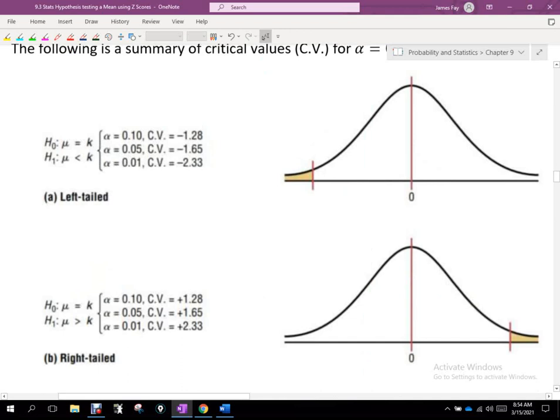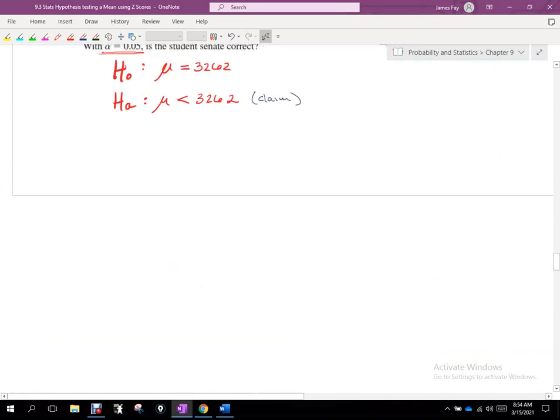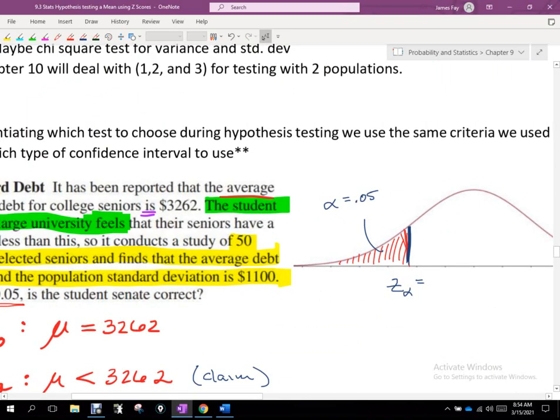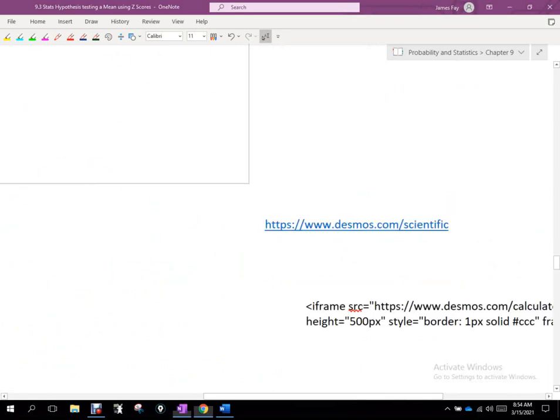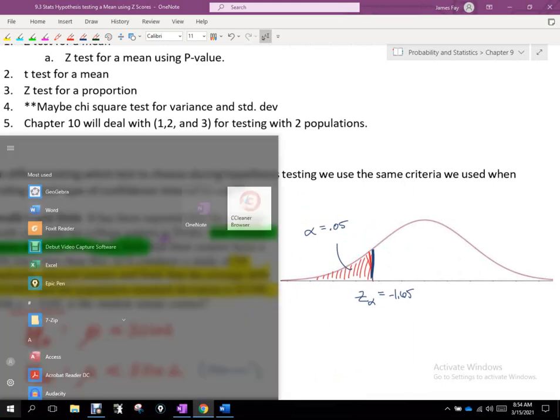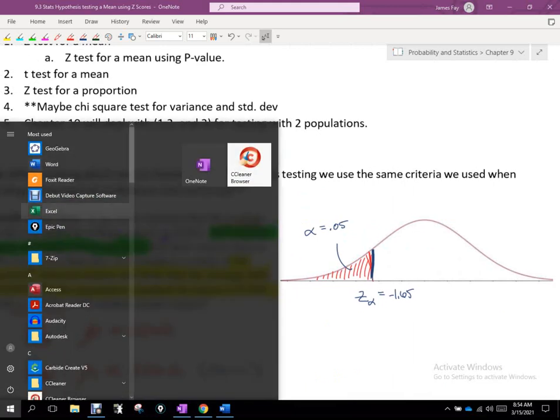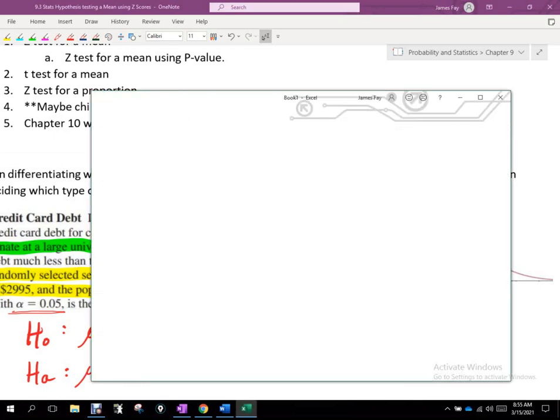Those are the most common alphas that we use, and it's negative 1.65. Okay. I'll show you how to do that with your calculator as well. So Z is negative 1.65. If we're using Desmos, or not Desmos, sorry. Desmos is a pain in the butt. I'm not even going to entertain using Desmos. Use Excel.